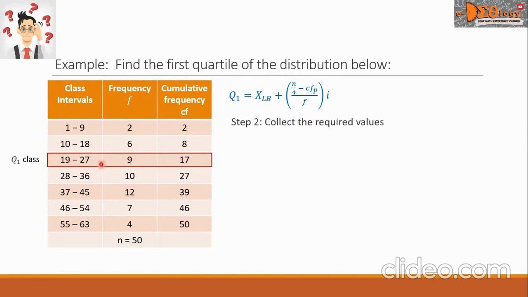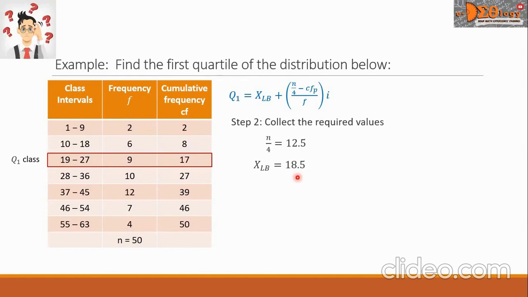For step 2, let us collect the required values. Let's begin with the n over 4 that we get from step 1, that is 12.5. The x sub lb is the lower class boundary of the first quartile class. We write here 18.5.